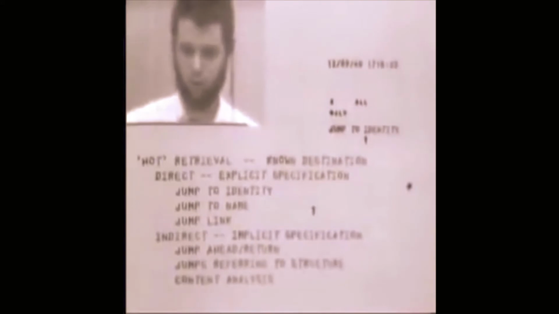This is still the kind from the other file, but with the QMW routine, in the first case, you're actually able to point at the information you're trying to retrieve and move it into view. With the jump to identity command, you're able to point at it either by the cursor or by using a pointer, as you've shown. Jump to name, jump to link. Again, you're explicitly specifying by giving the name or having the name occur in the text.